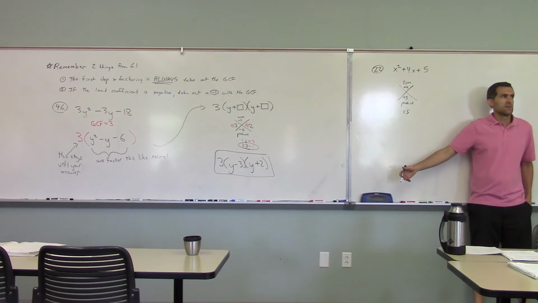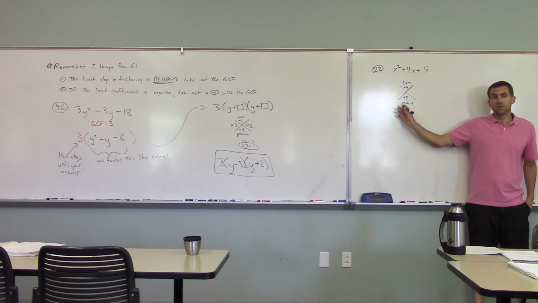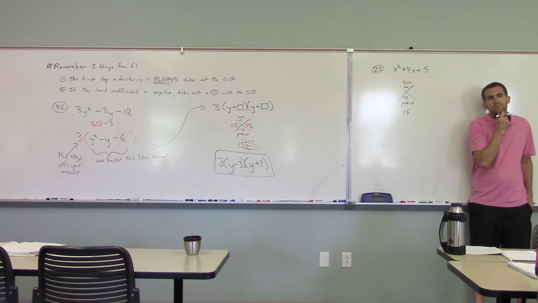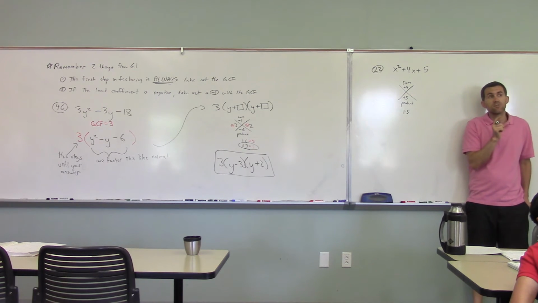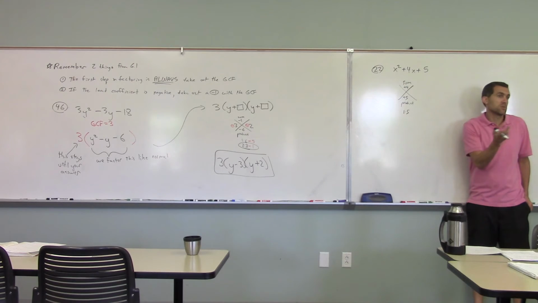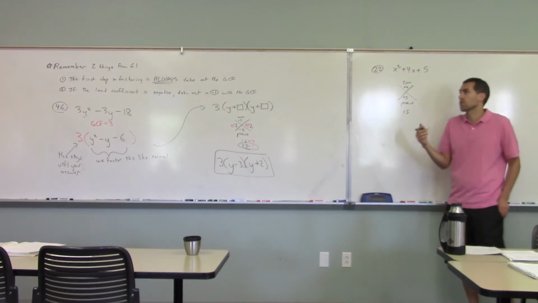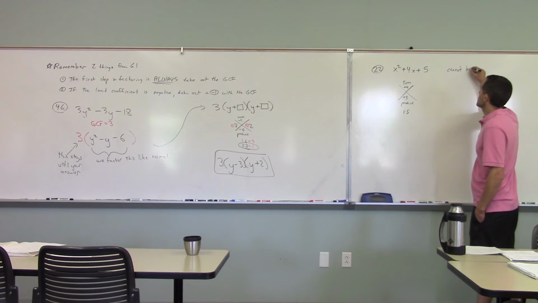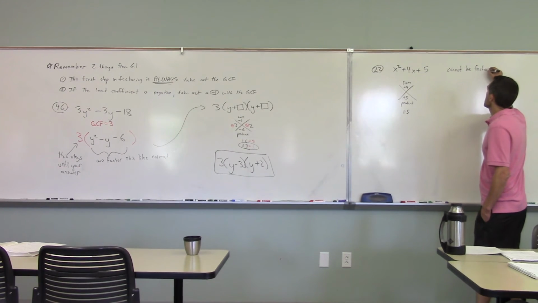But the product's positive, so they could both be negative, but then they would still add up to not that. No solution. Close, it's asking you to factor it. Cannot be factored would be how you answer. But I mean, yeah, there is no step to go further. So you would either say cannot be factored, or another way to say that is prime.